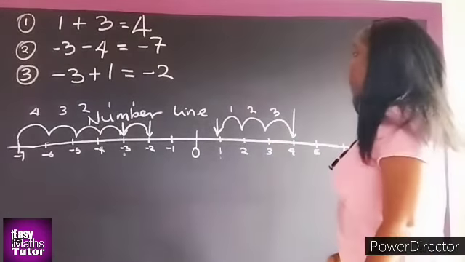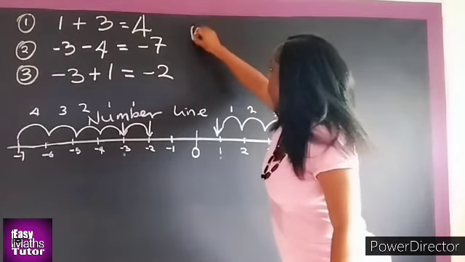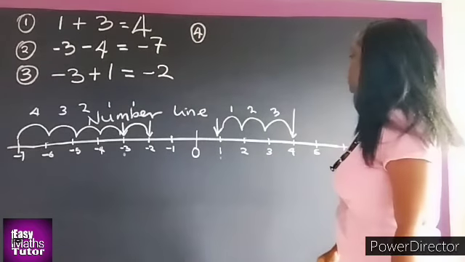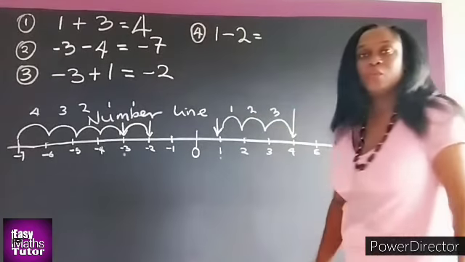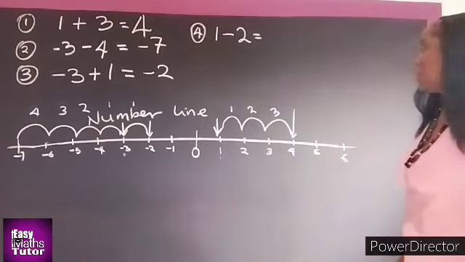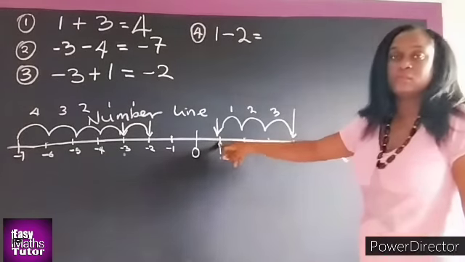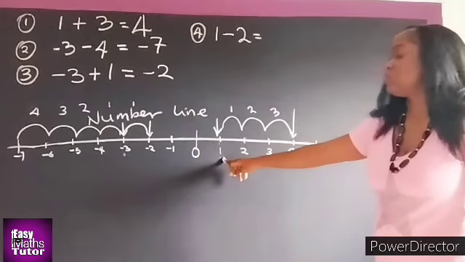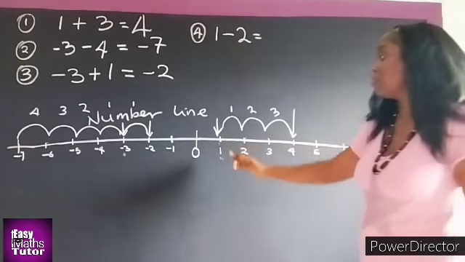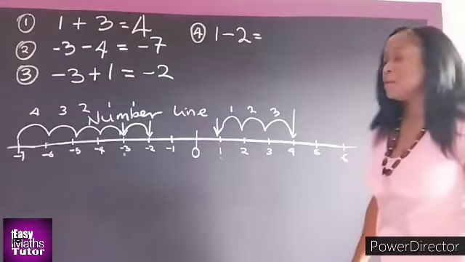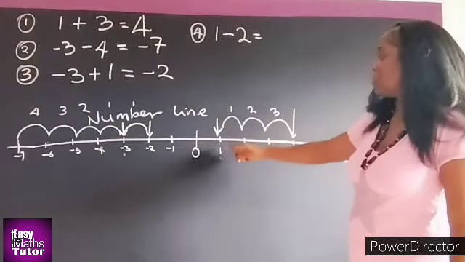So assuming we have another problem. Let's try another problem. 4. We'll say 1 minus 2. What is 1 minus 2? Now we'll jump to the number line. This is number 1. Positive 1 on the number line. We have minus 2. Remember, minus, you have to go on your right. So we'll count 2 times on your right.